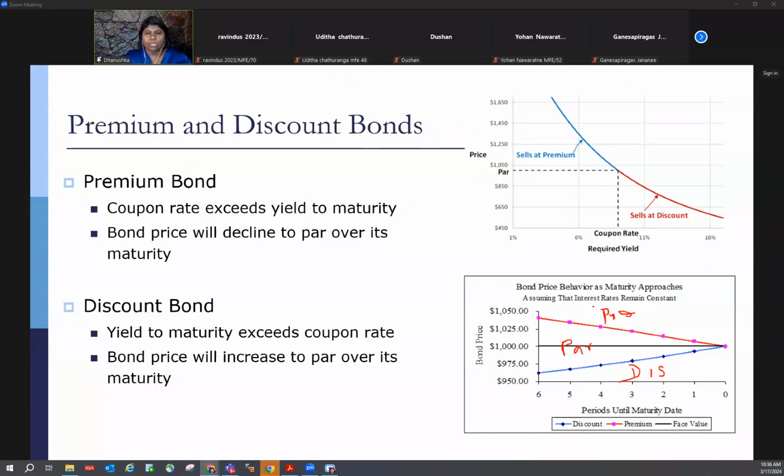So you see how the bond price moves with maturity, time to maturity, as long as interest rates remain constant.